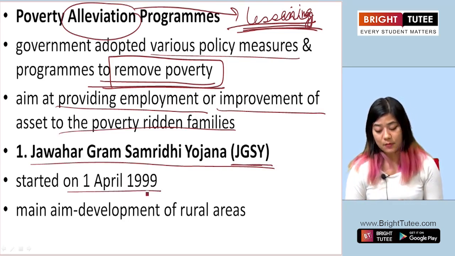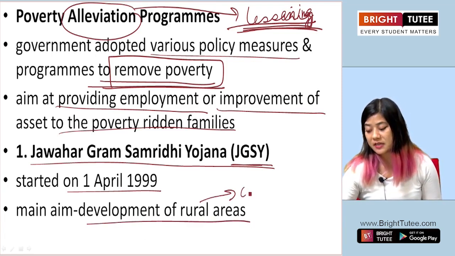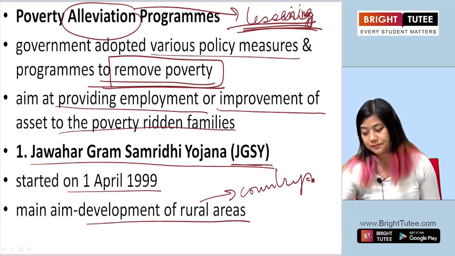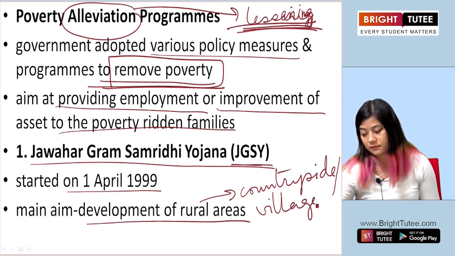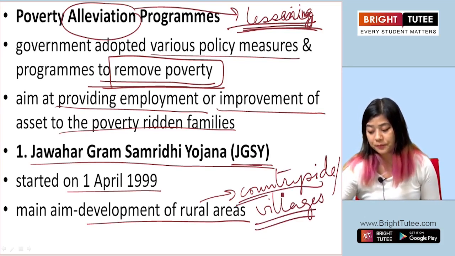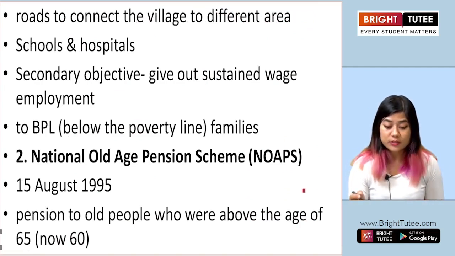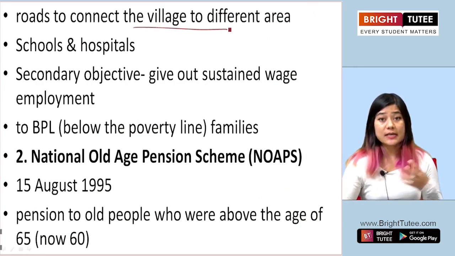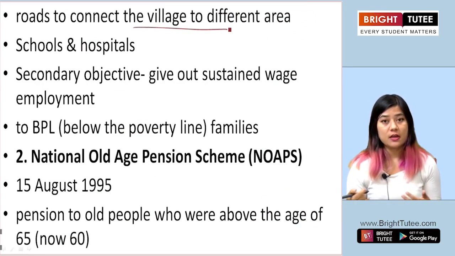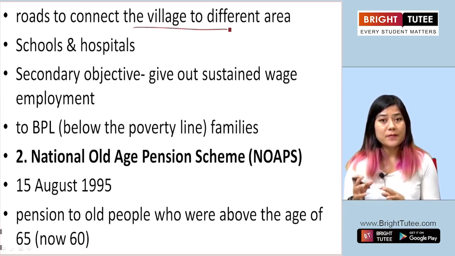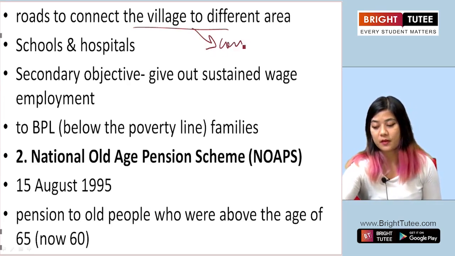Its main aim was the development of rural areas, meaning the countryside or the villages. It built roads so that villages connect to the towns, or villages are connected to each other. That means the government would ensure that they have proper connectivity.